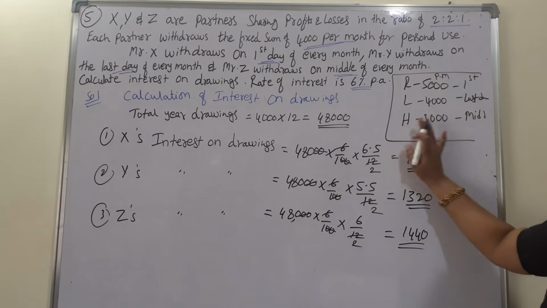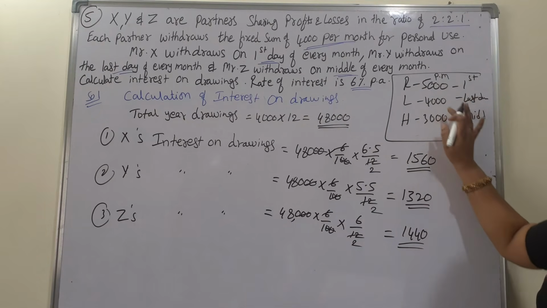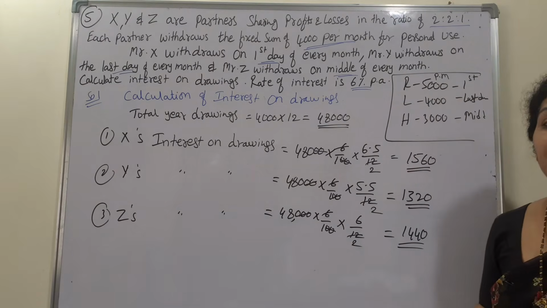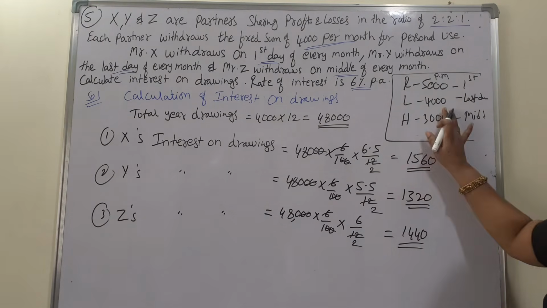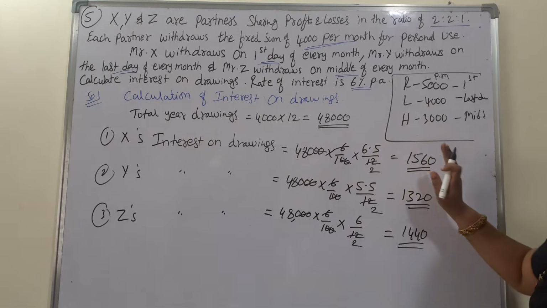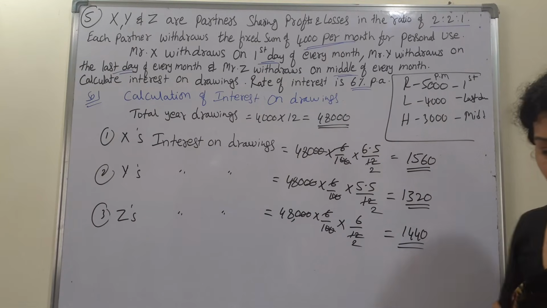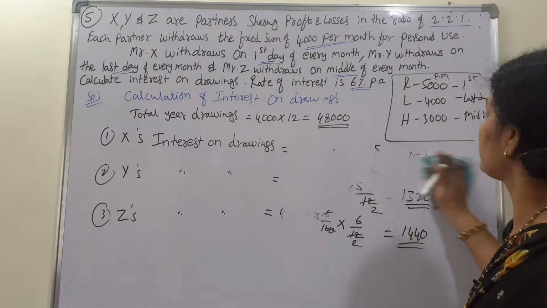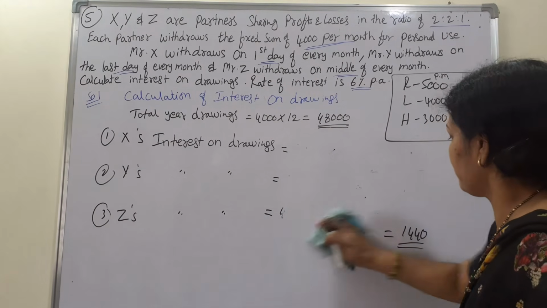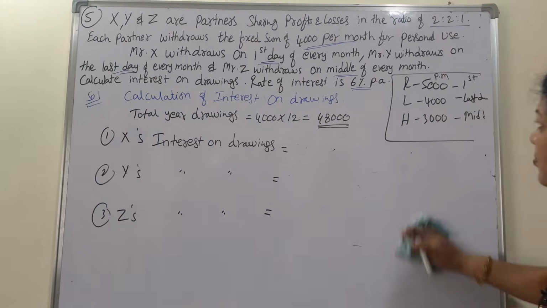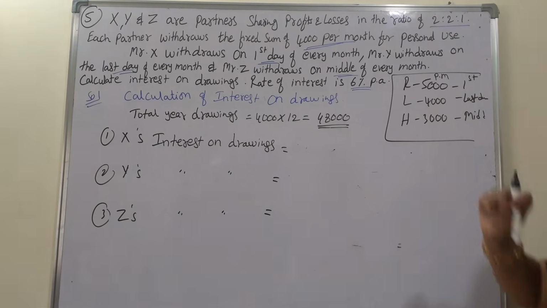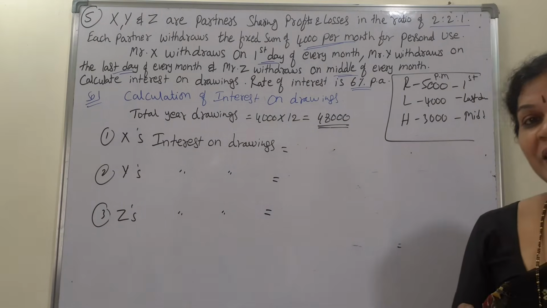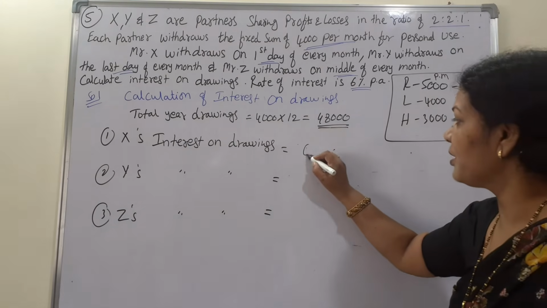So here, the amounts are different. When you calculate for Ram, 5,000 per month, yearly it will be 60,000. So you will be taking 60,000.